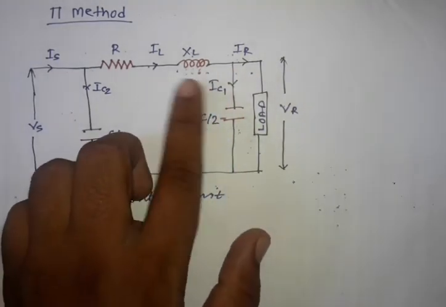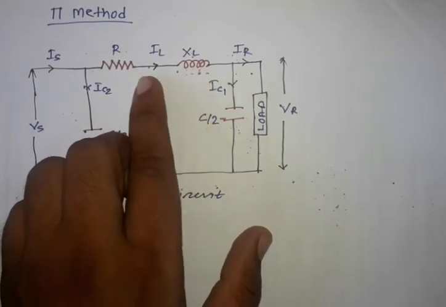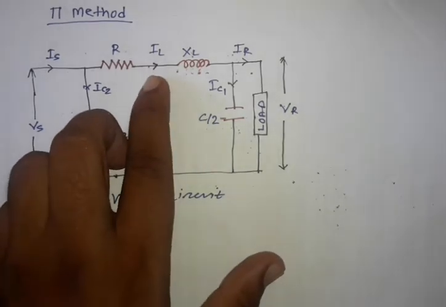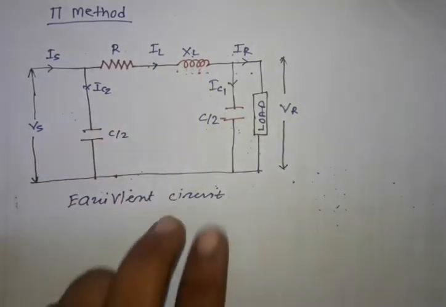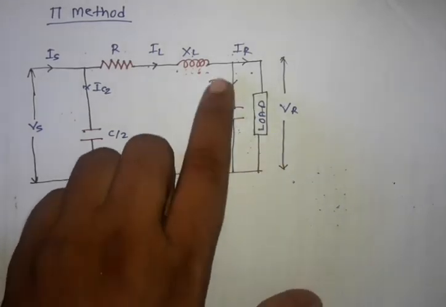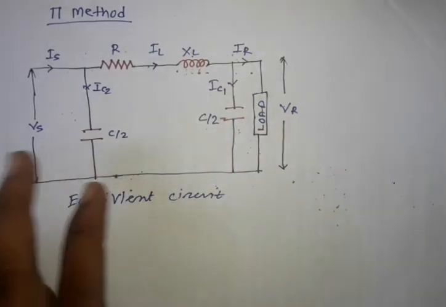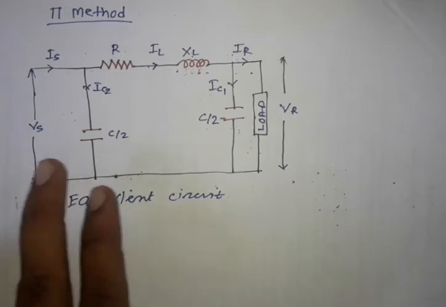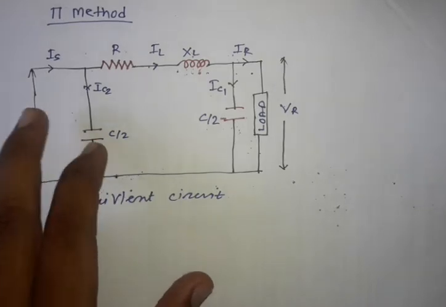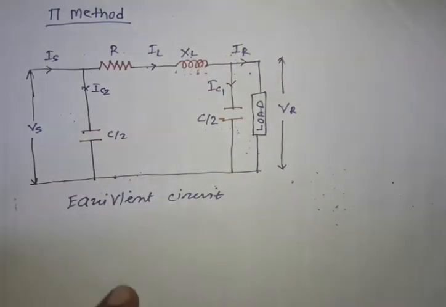The current flowing in the impedance, resistance and inductance, is IL, so our resistive and inductive drop is due to current IL. Voltage VR is across our first capacitor, because the first capacitor is parallel to the load and the second capacitor is parallel to the sending end. So the voltage Vs is for the sending end. Here is the voltage Vs, and here is the voltage VR for the capacitor.